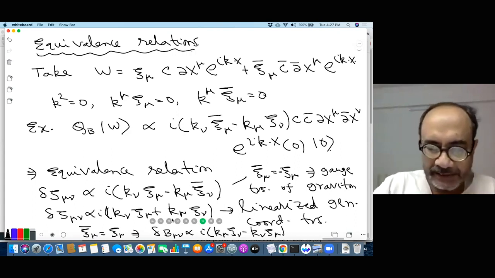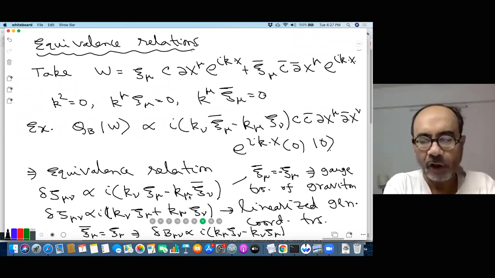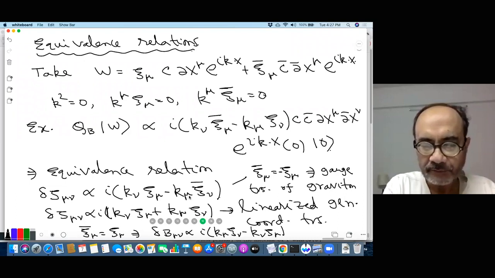So when zeta mu nu is taken to be this itself, the result should vanish. Those are called the pure gauge states. In electrodynamics, this will be the analog of the photon whose polarization is proportional to k. We know that those decouple from the S matrix. It's the exact analog of that in gravity. Any other question?